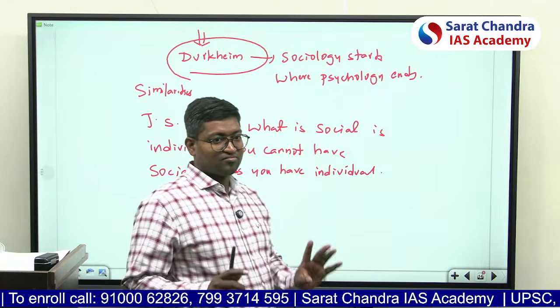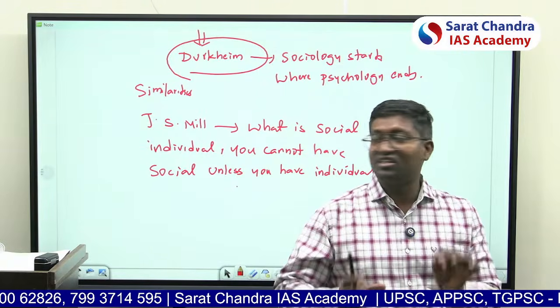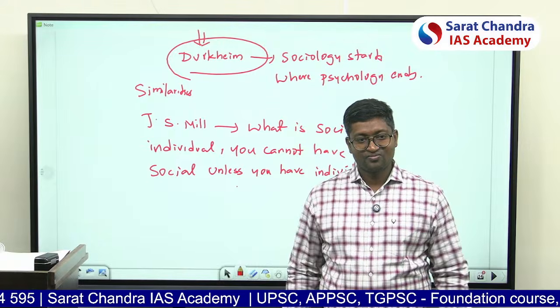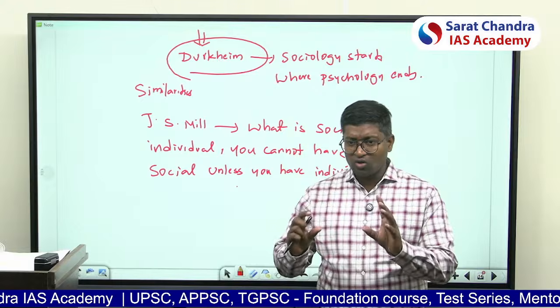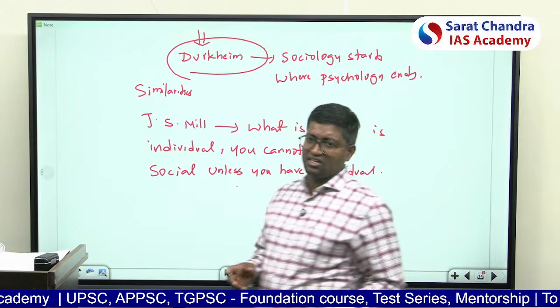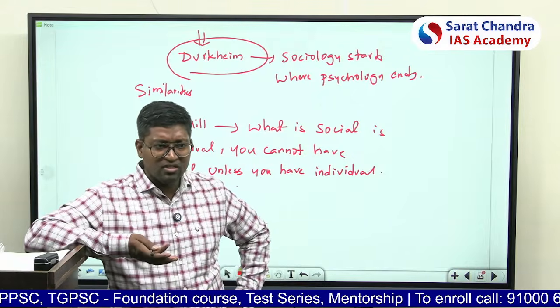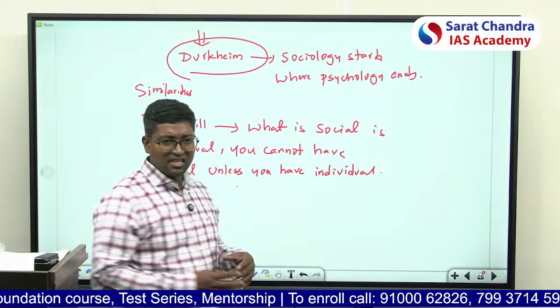Apart from that, which sociologist brought sociology and psychology close? Weber. How? Social action. Simple. Now do you understand? Are you able to think of social action? He said that behind any social action there are meanings and motives attached. So Weber said that social actions are driven by meanings and motives.